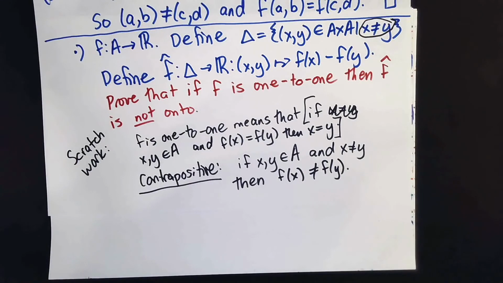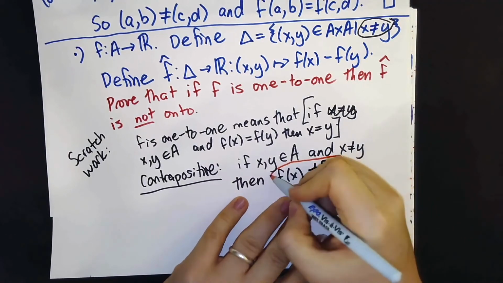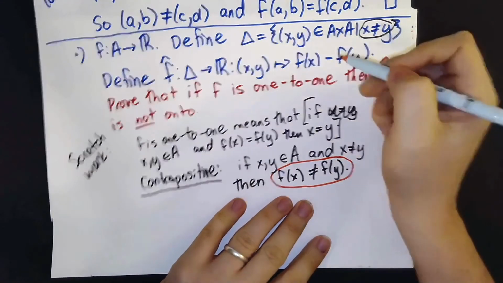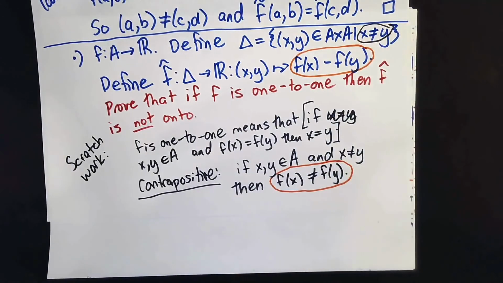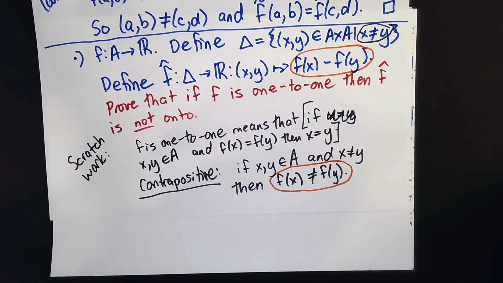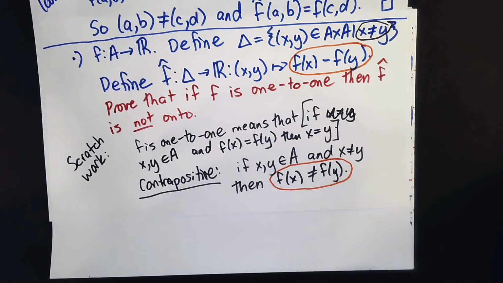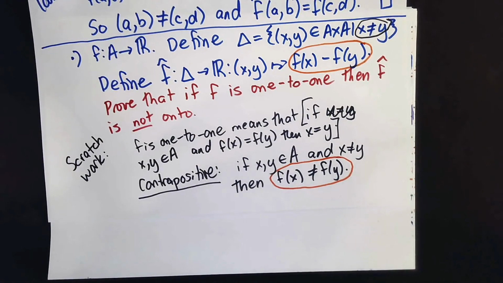Now, as you start to piece this together, you might notice some commonalities. I've got an f of x and an f of y, and I've got an f of x minus f of y. Well, I can turn this into an f of x minus f of y. All I would have to do is subtract f of y from the right-hand side.